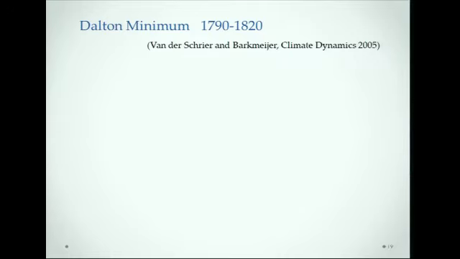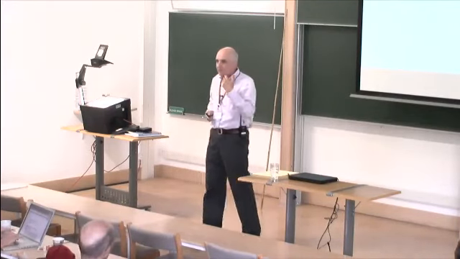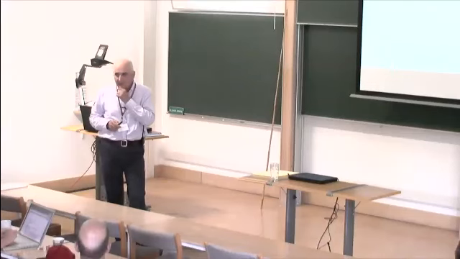There was one talk at our meeting by Gerard van der Schrier, and he talked about this work he did with Barkmeijer. So this is on the paleoclimate. And I want to go through this rather carefully to give an idea of how data assimilation can be used in paleoclimate.